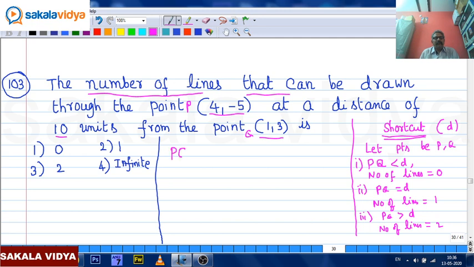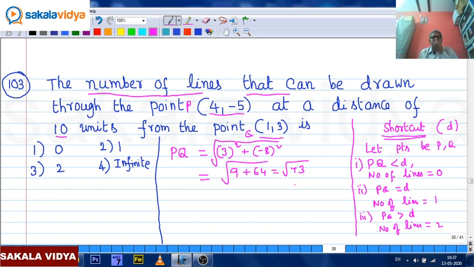So first, this is P point and Q point. Find PQ distance: (4 minus 1) is 3, squared, plus (5 minus 3) is 2, squared, under root. Actually it is (3 squared) plus (8 squared)... this will be 9 plus 64, root 73. Root 73 will definitely be less than 10, and d is equal to 10.